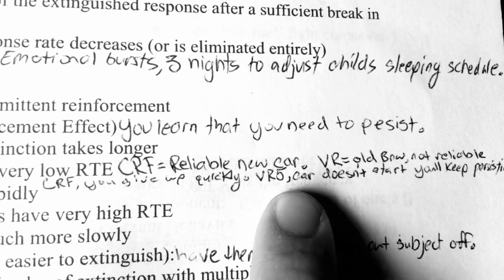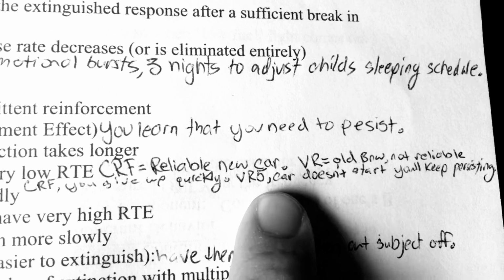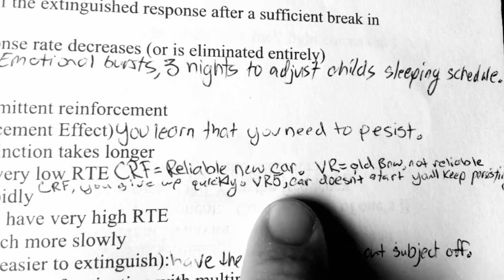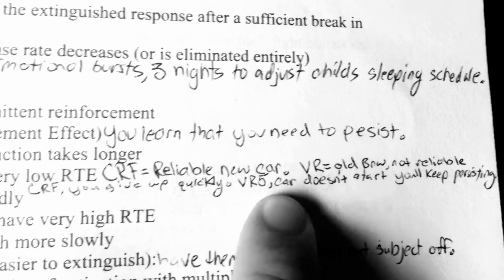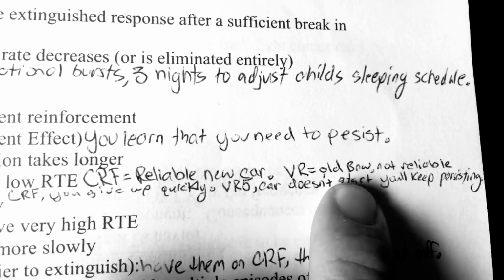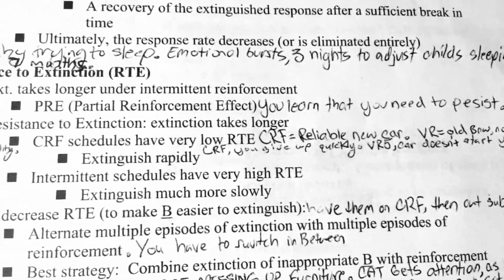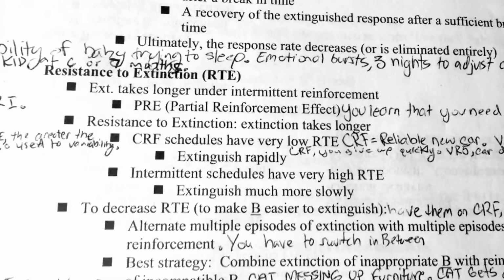However, if it's a variable ratio, kind of like intermittent, you'll try over and over again because you're used to the car not starting anyways, because the variable ratio of 5, which would be the old BMW, would keep you persisting on that behavior. So you're focusing on extinguishing rapidly.